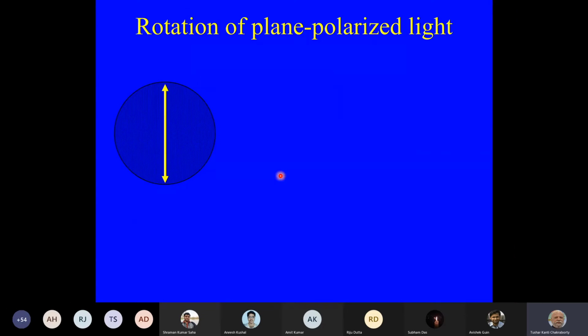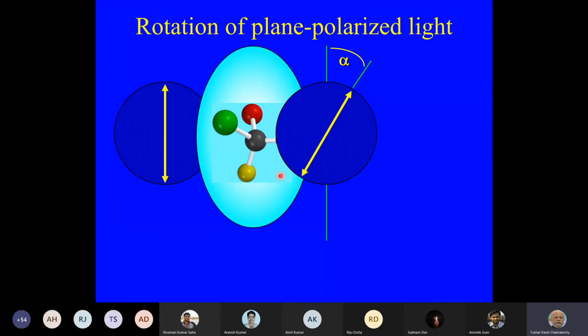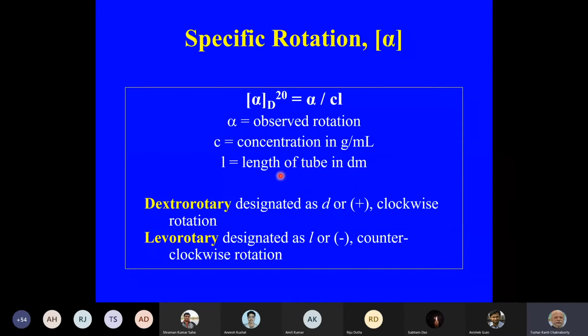When this plane polarized light passes through a sample solution which is chiral in nature, as shown here, it will undergo some rotation. The plane will be rotated a little bit, and we measure this angle, which is called the observed rotation.